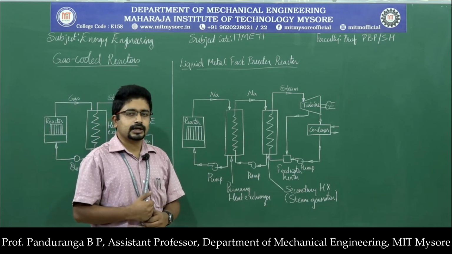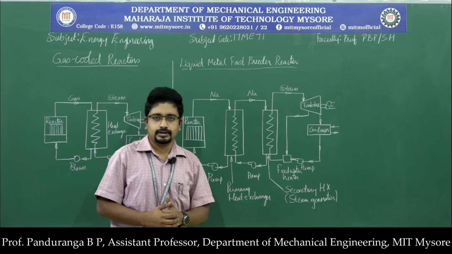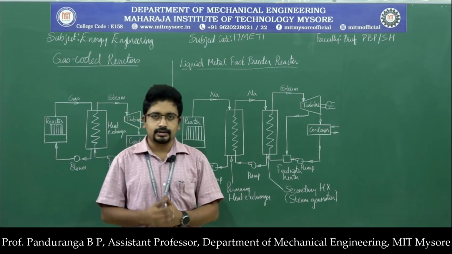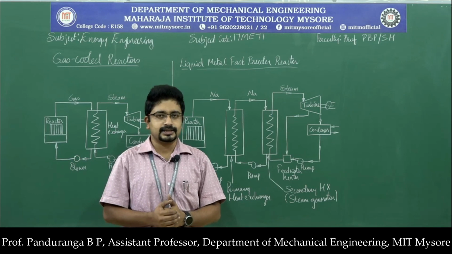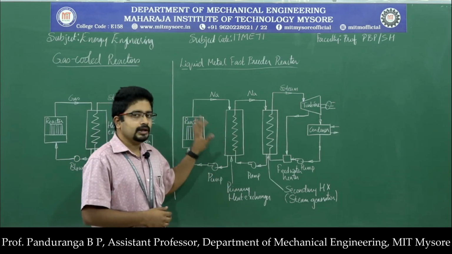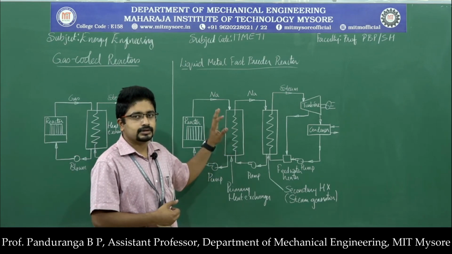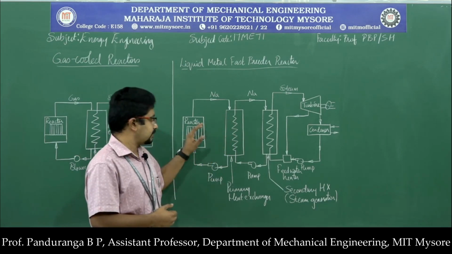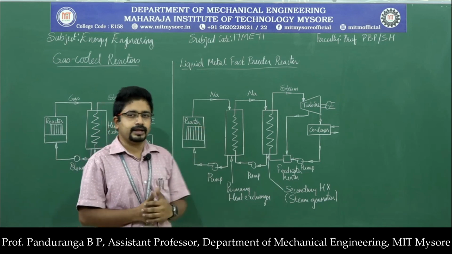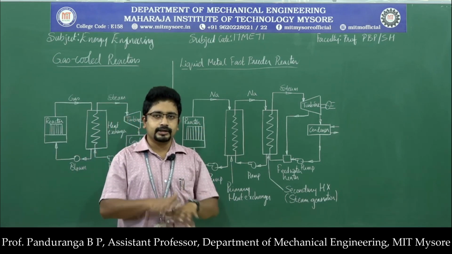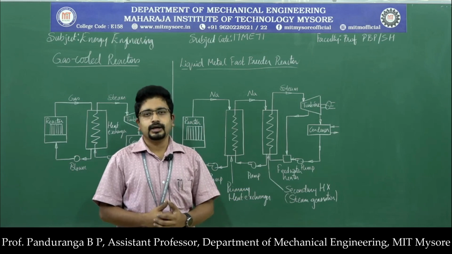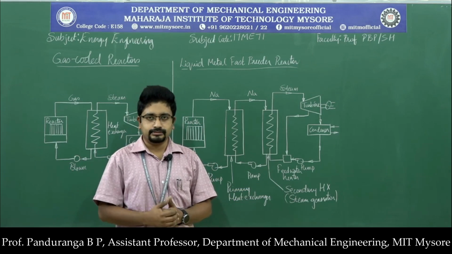The advantage of using a pool type sodium fast breeder reactor, or liquid metal fast breeder reactor, is that if there is any leakage of radioactive sodium or radioactive material from the reactor core, that will be contained within that large pool of liquid sodium.